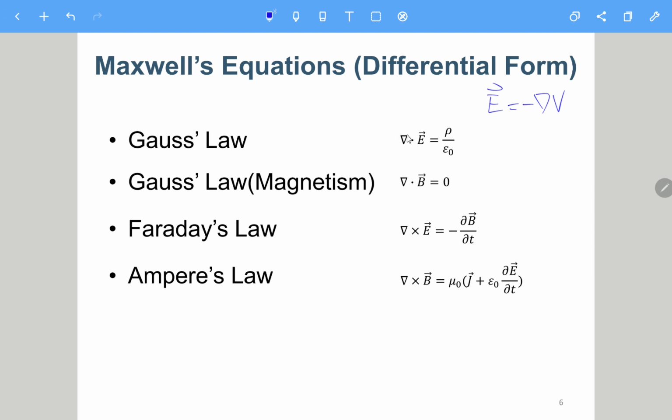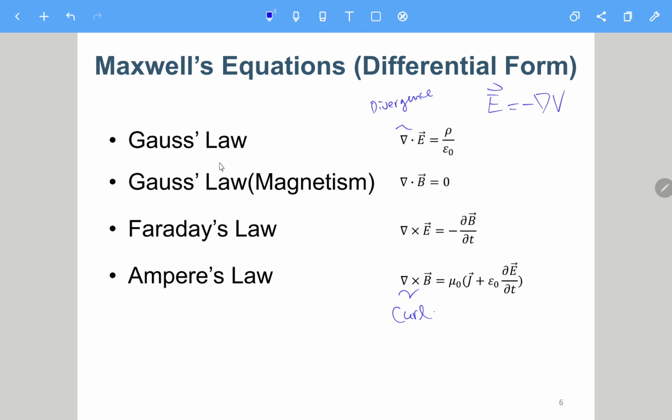This is a gradient with a dot, and we call this one the divergence. And then later we have a divergence theorem, as I mentioned before. So this is the divergence. This is called the curl.